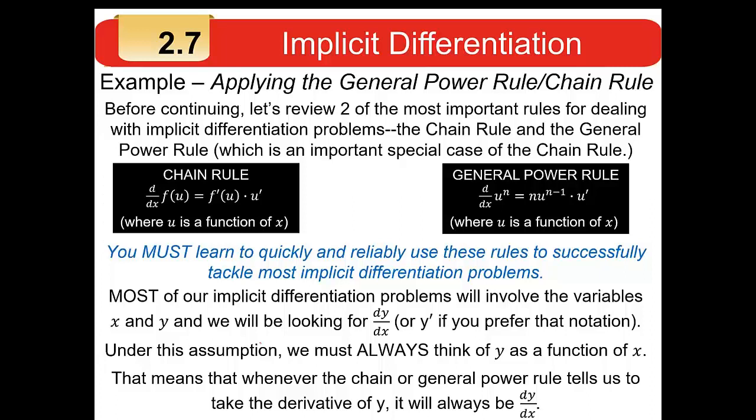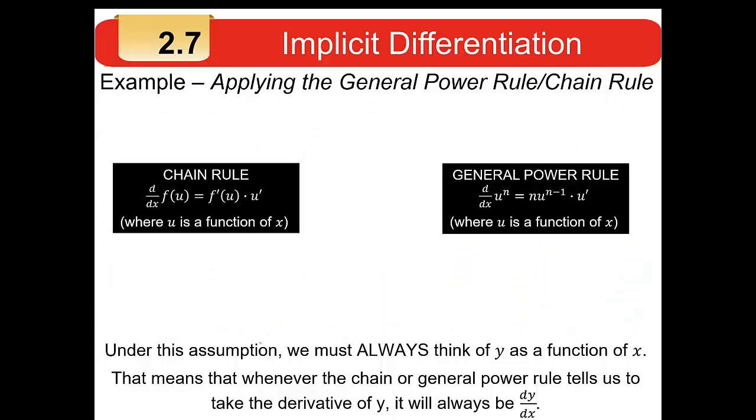You haven't written out explicitly what y is, so you can't just jump right in and say dy over dx is equal to blah. You'll get there eventually, but keep in mind that y is a function of x, and you can't just say the derivative of y is 1 like you could say the derivative of x is 1. You've got to keep that in mind the entire time.